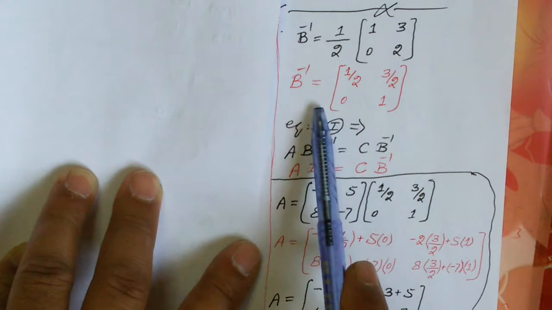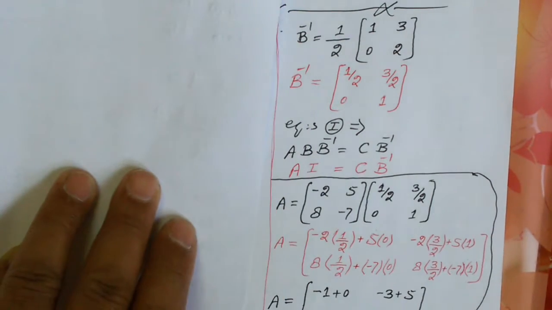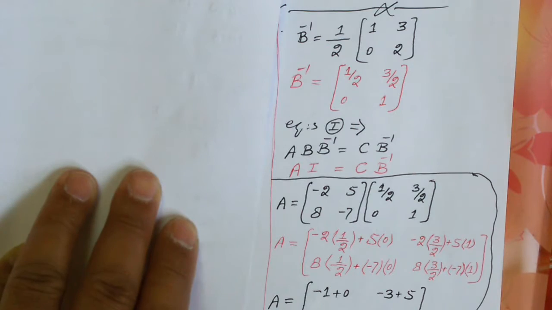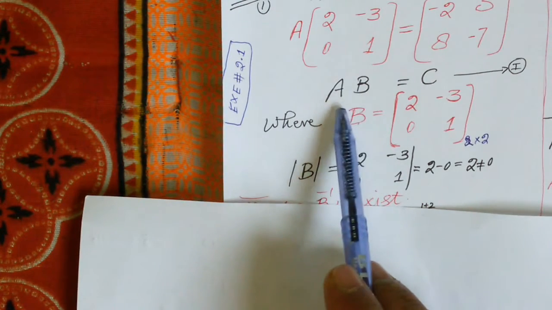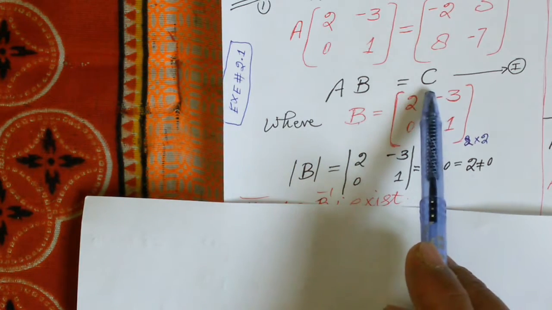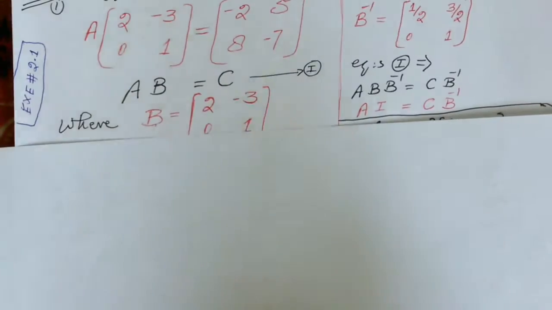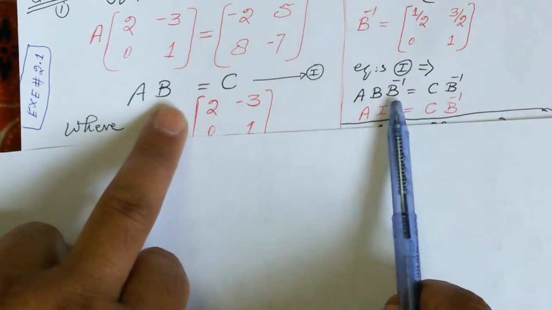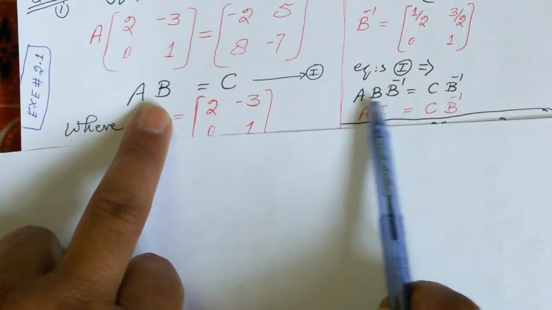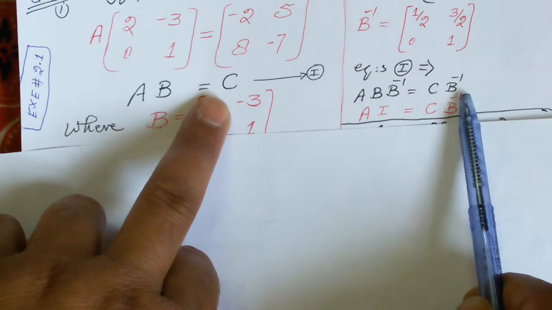Now we have to rearrange equation number 1. Equation 1 states A multiplied by B is equal to C. Now rearrange this equation: multiply by B inverse on the right. A multiplied by B inverse is equal to C multiplied by B inverse.